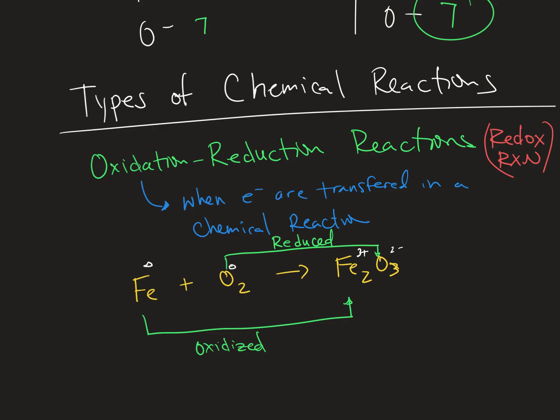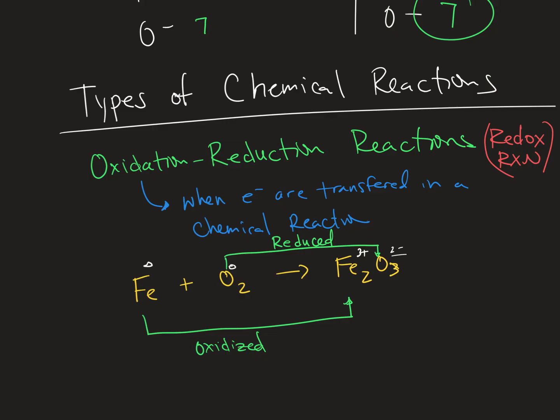So we did this last unit, right? And if we don't know, we can figure it out. Is that right? Okay. So what happens to oxygen? It goes from 0 to a -2. Its charge is reduced. Isn't that cool? Hence we call it reduction. You with me?